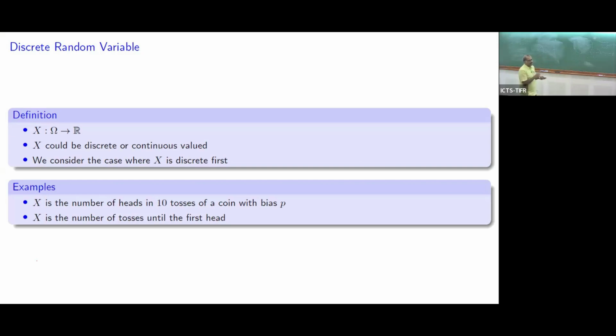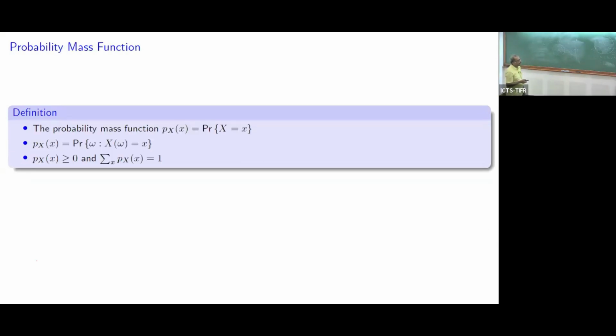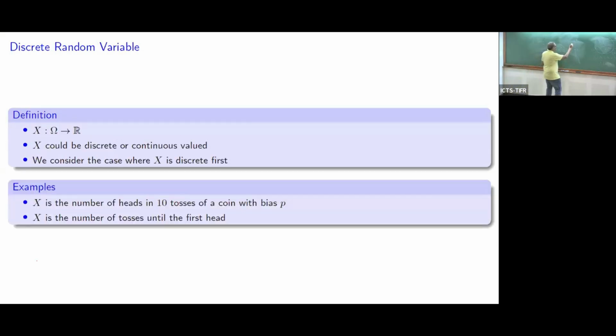So these are some examples of discrete random variables, and here we are thinking about discrete random variables using this definition that it is a map from the underlying sample space into R. And so now we have a mechanism to think about the outcome of a random experiment using this set of numbers.